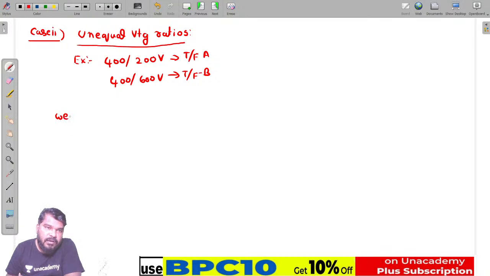We know the load current: IA plus IB is equal to IL. Now how do we write this IL?